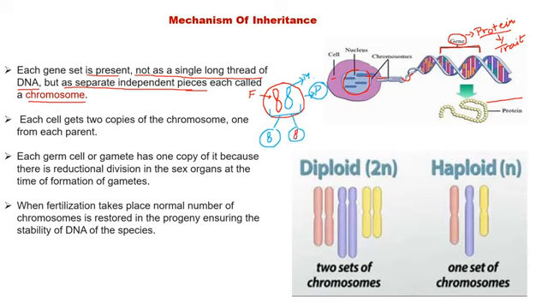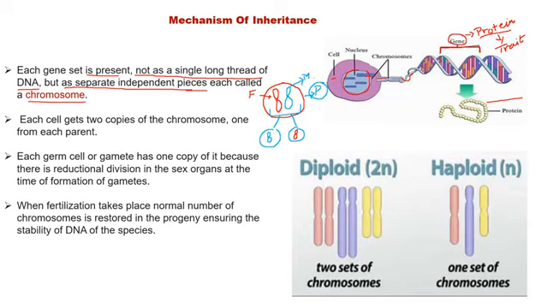Here you can see these chromosomes are getting separated in the gametes, and we know that in meiosis four gametes are formed. Because I have taken one set of chromosomes over here, I'm showing you how these chromosomes are going inside the gametes.